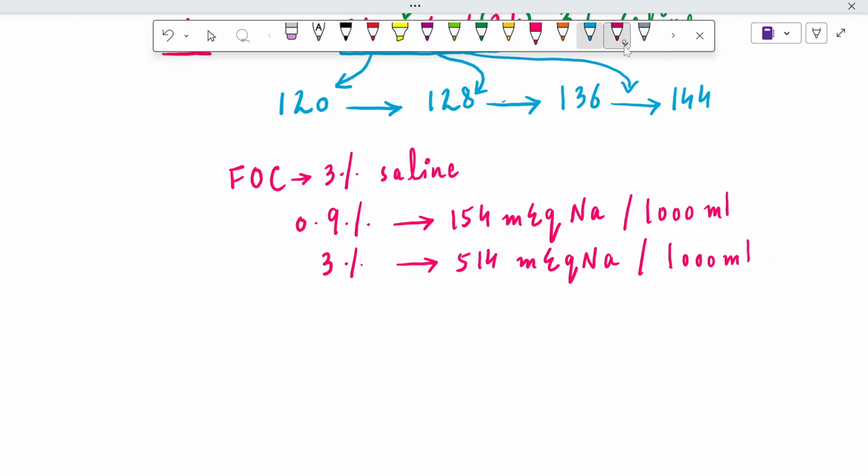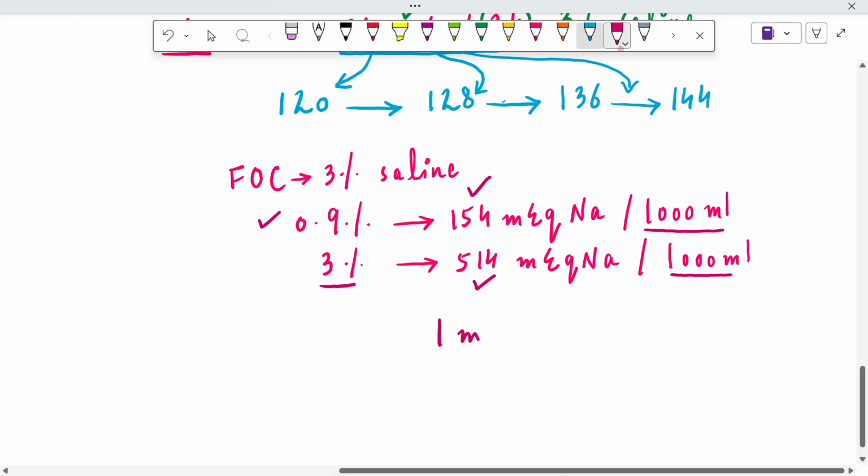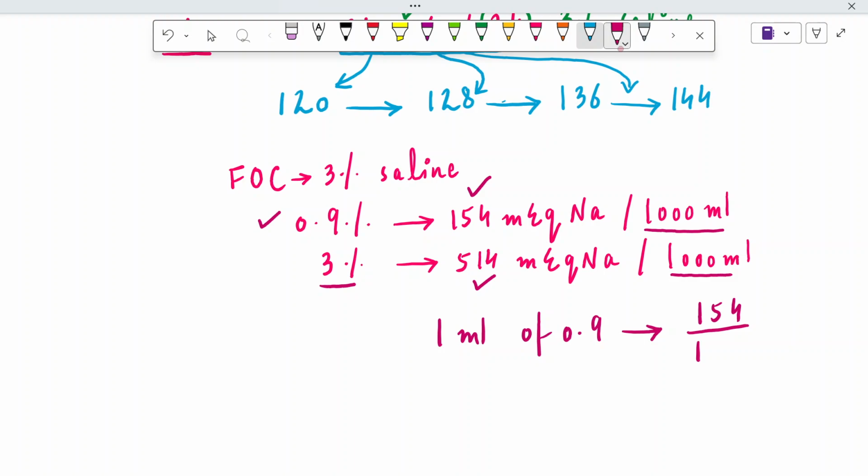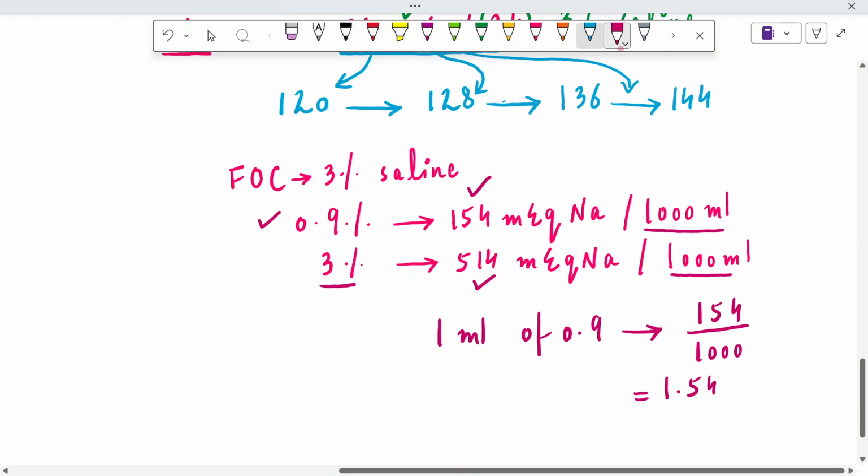If we want to calculate that, 1000 ml is containing 154 of sodium in normal saline, and 1000 ml is containing 514 of sodium in 3% saline. So it means that 1 ml of normal saline, that is 0.9% saline, will contain 154 divided by 1000, and it comes out to be 0.154 milliequivalents of sodium.